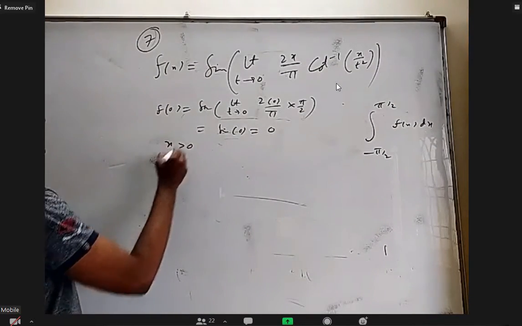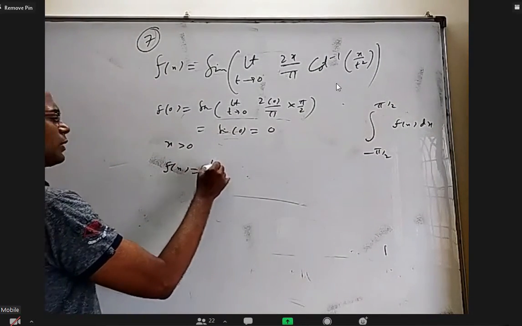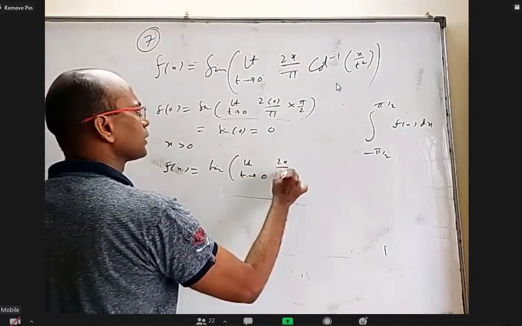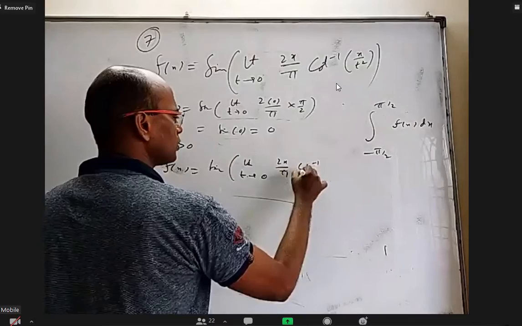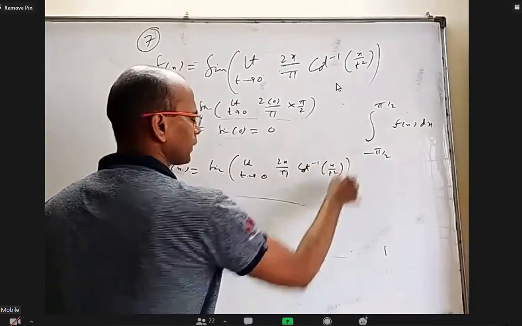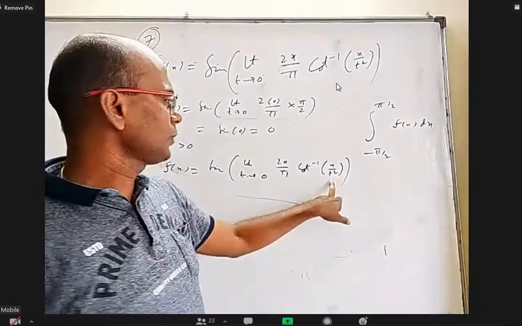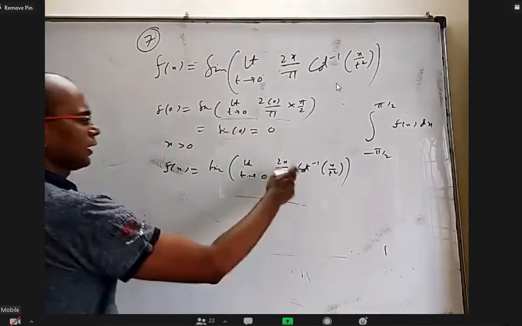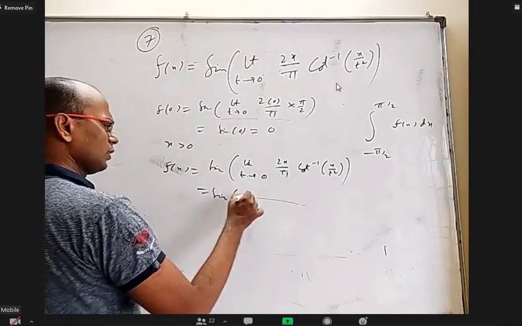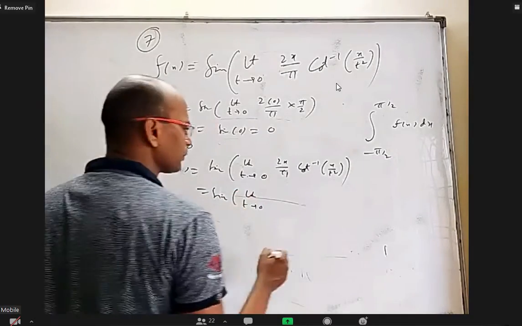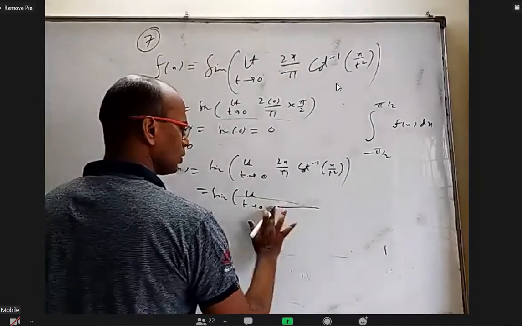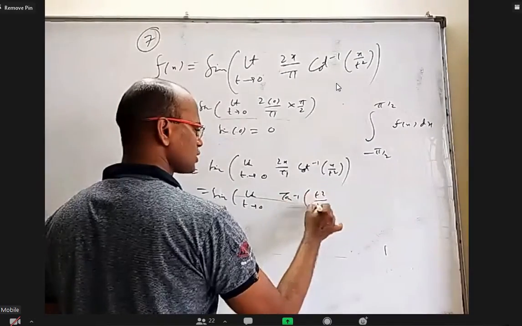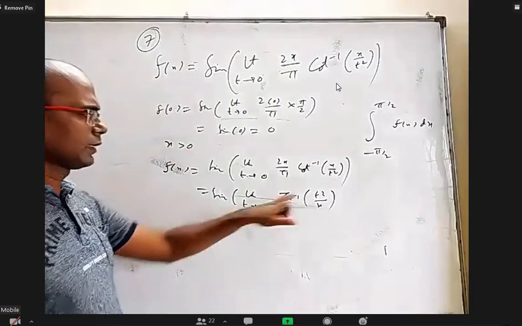If I take x greater than 0, then f of x will be sine limit t tends to 0 of 2x by pi cot inverse x by t square. This is becoming plus infinity and cot inverse plus infinity will be 0. Okay, so I can write tan inverse, the reciprocal of this, as t square by x. That is becoming 0.